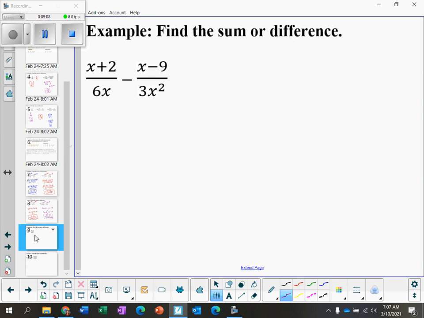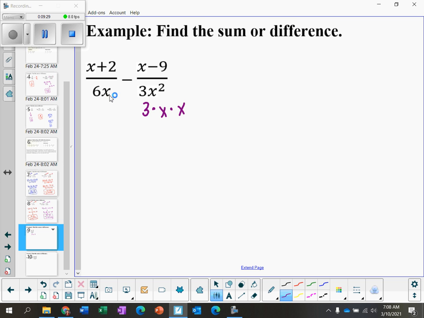All right. For our next example, we have two denominators that are not the same, but do have things in common. So I'm going to look at them one part at a time. So I'm actually going to start with this one. 3x squared is really 3 times x times x.